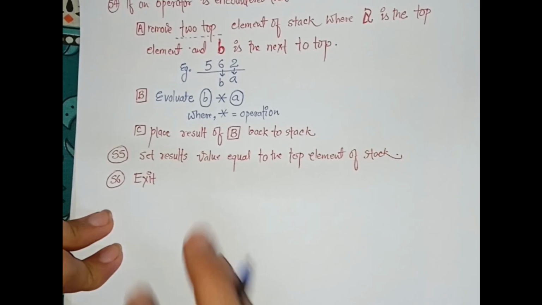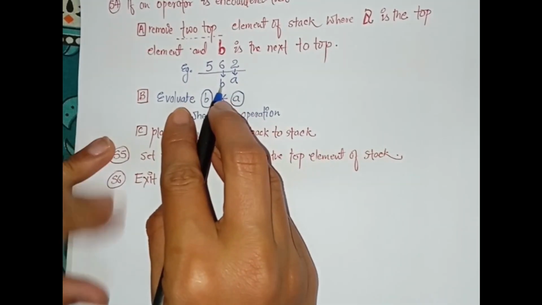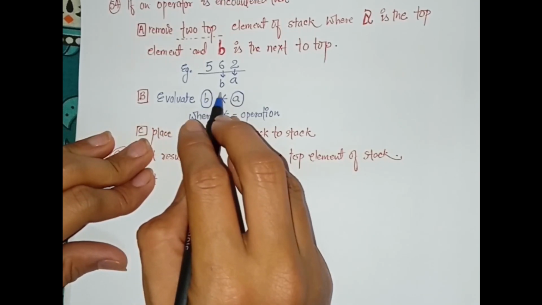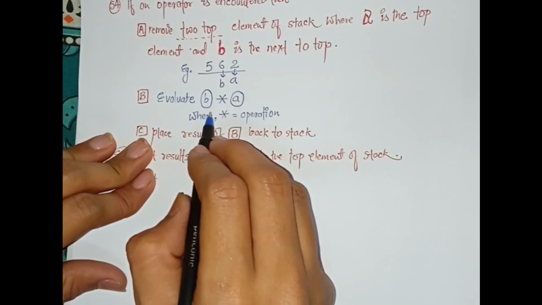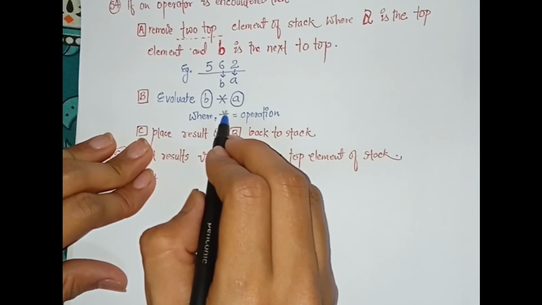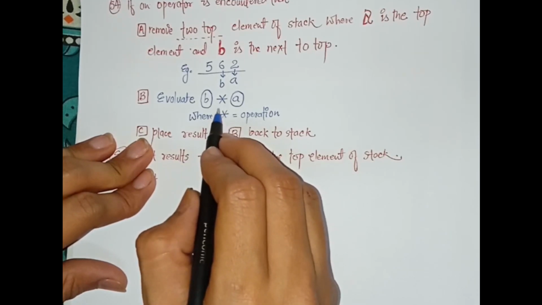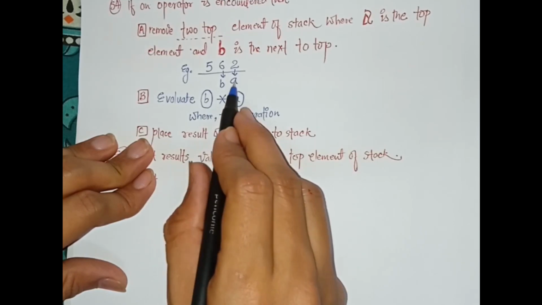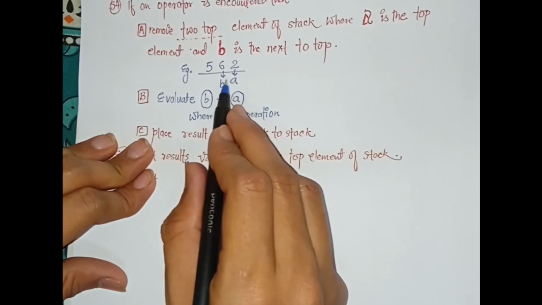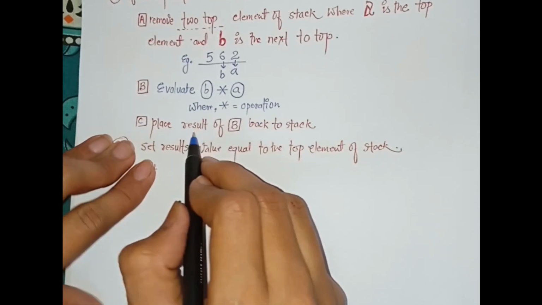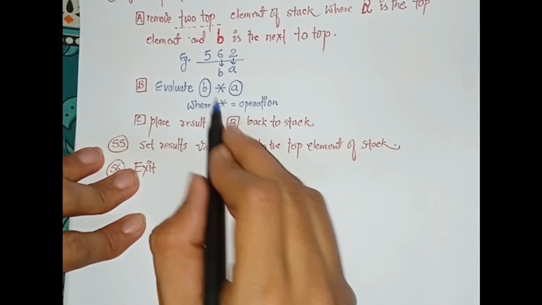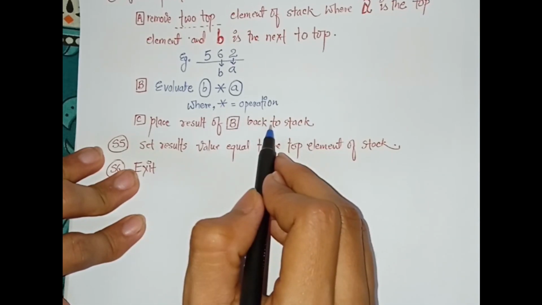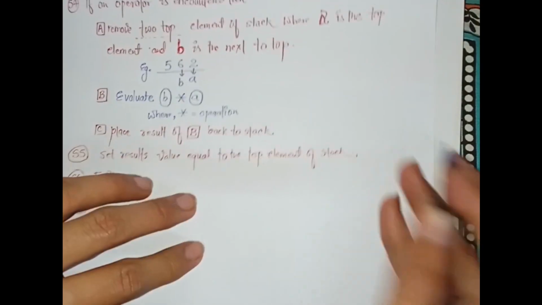Now as we have got A and B from the stack, if we get an operator like plus, minus, multiplication or division, we will perform the operation between these two elements we have selected from the stack, and we will place the resultant value back on the stack. Let me show you how you will do this.